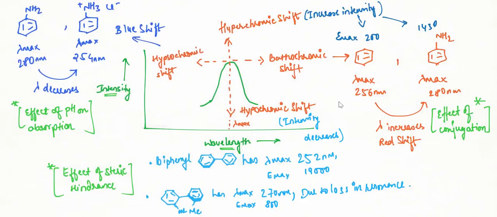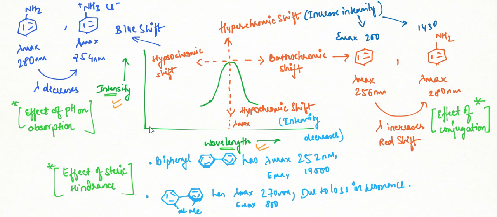These are the most important terms that we can use to describe UV visible spectroscopy, and let us understand them one by one, because this looks like a very busy slide. So let's only focus on this graph, which is intensity versus wavelength.